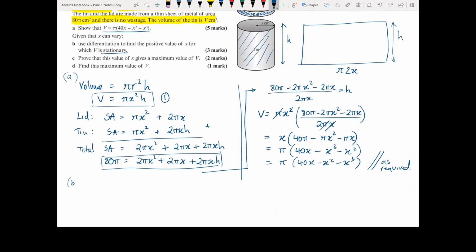So for part B of the question, we'll go and write down our equation.